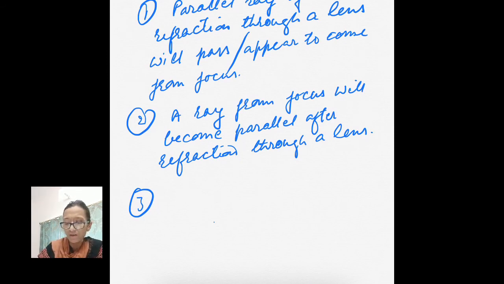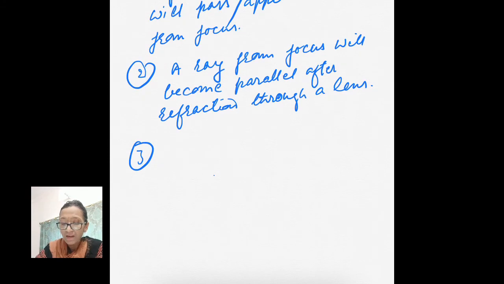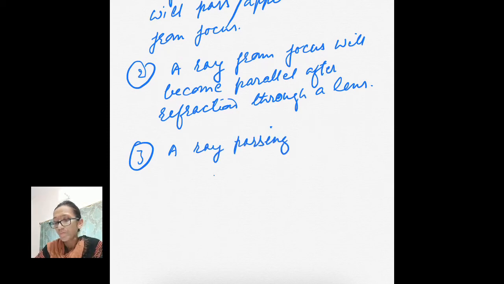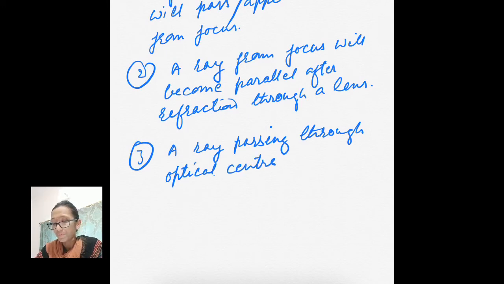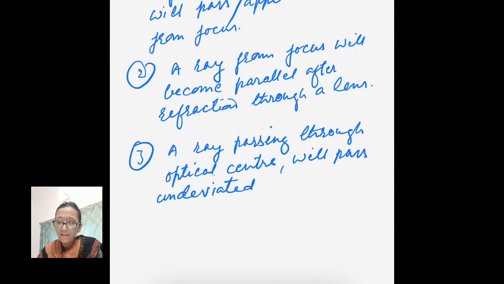So third helping ray: a ray passing through optical center will pass undeviated. So these are the three helping rays.